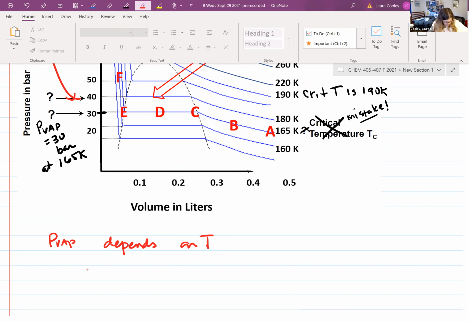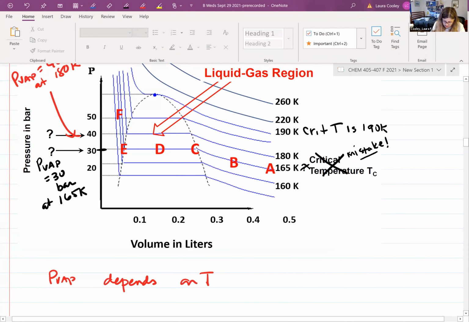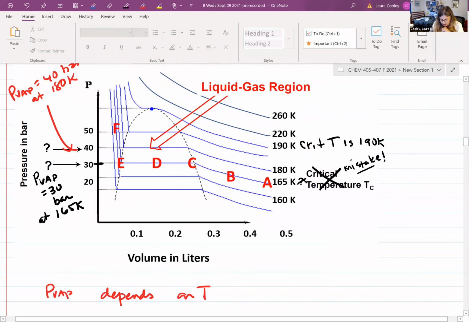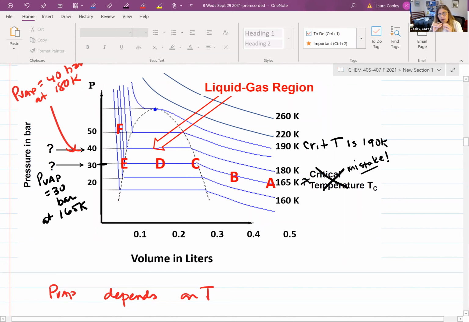And one more thing I wanted to say. What this is saying with these vapor pressure values is that at 180 Kelvin, there needs to be a pressure of 40 bar of vapor above the liquid in order to liquefy the gas.